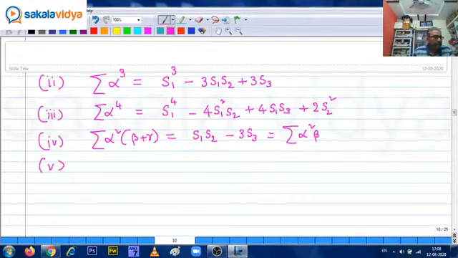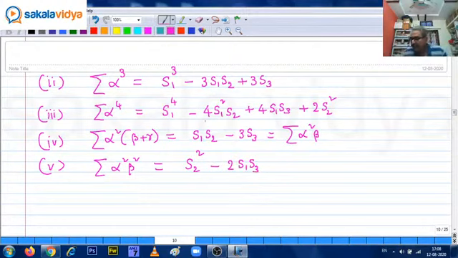Fifth one, sigma alpha square beta square is equal to s2 square minus 2 s1 s3. Check whether there is any mistake. Now you can check it.